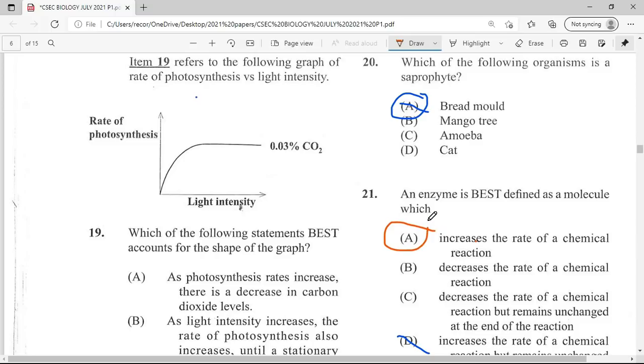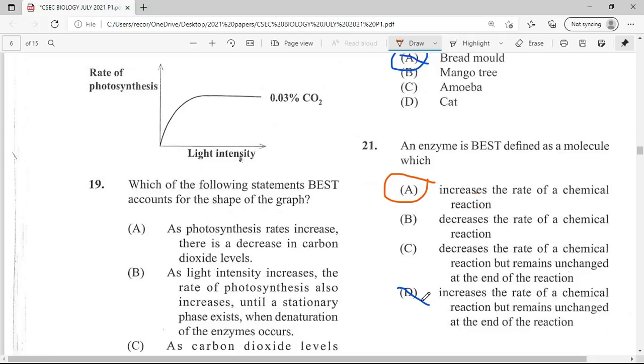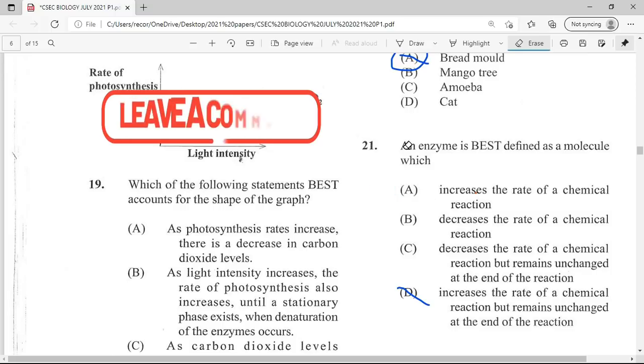But is it the most suitable answer? No. These are out. Decrease is out. Let us look at this here: increase the rate of chemical reaction, but remain unchanged at the end of the experiment. This is the most suitable answer. So though this is correct, it is not the most suitable answer. This suggests to us that we have to read through all the options before we select an answer.